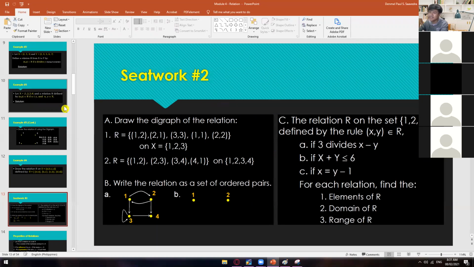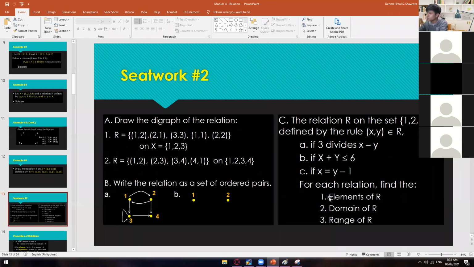Okay, so again, for Seatwork number 1 up to the end of the seatwork of this module, you can do it handwritten or via Microsoft Word. If you're going to do it handwritten, please write legibly. And then you have additional tasks to do.